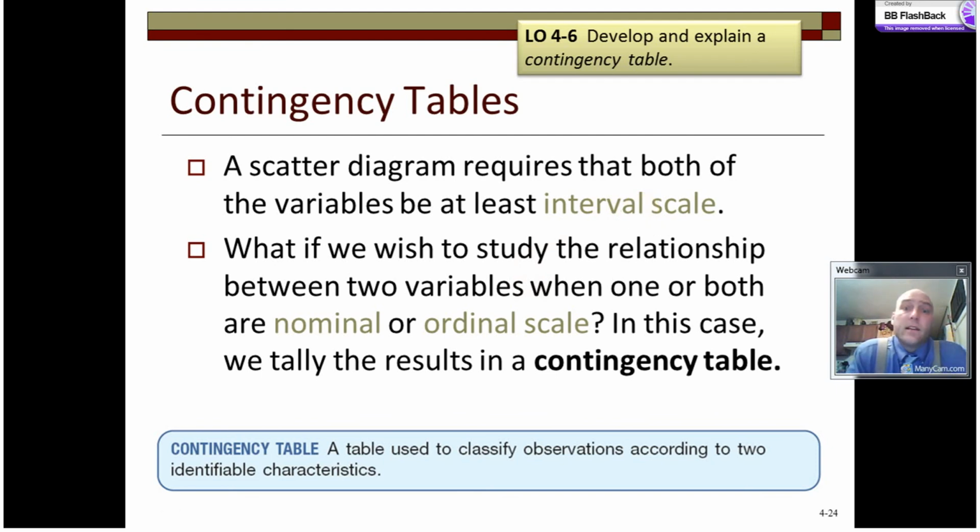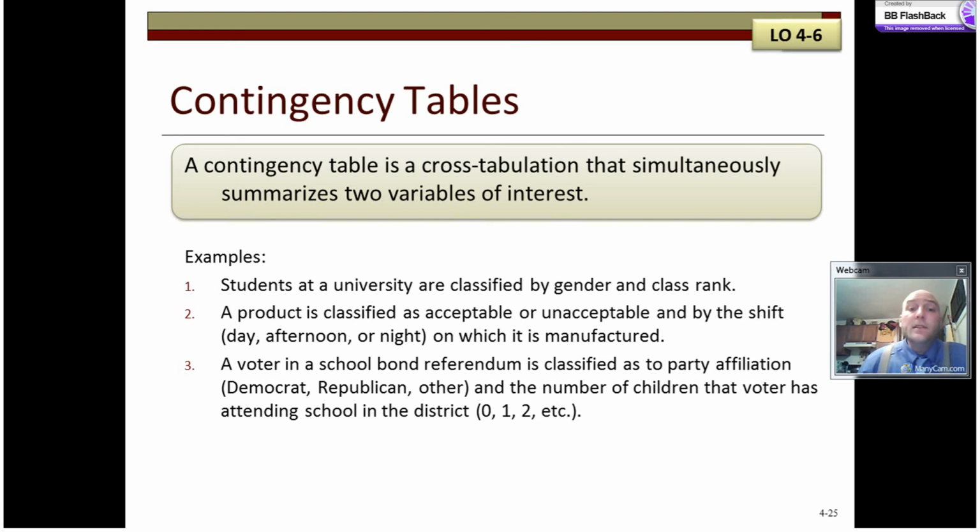But if we have things that are nominal or ordinal, we might need to use another way to represent them that's not graphic, but actually includes counts and cells. And we'd call that a contingency table. A contingency table is a crosstab that simultaneously summarizes two variables of interest. For example, students at a university classified by gender and rank, two variables.